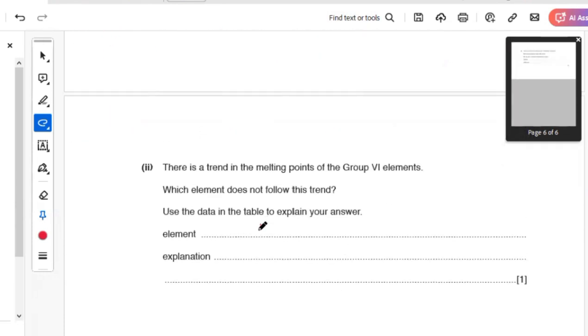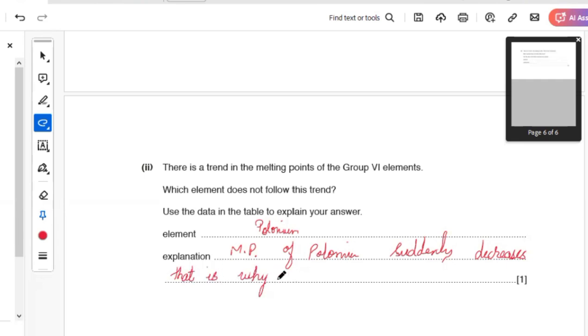So we will say the element is polonium, and we will say that the melting point of polonium suddenly decreases. That is why it does not follow the trend.